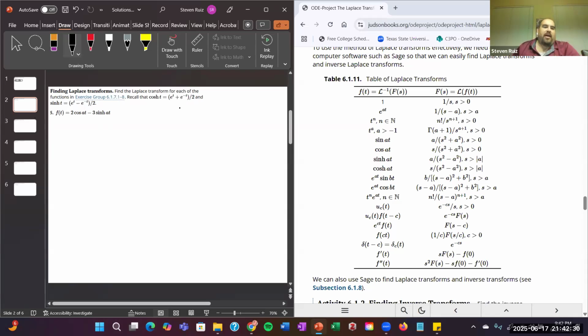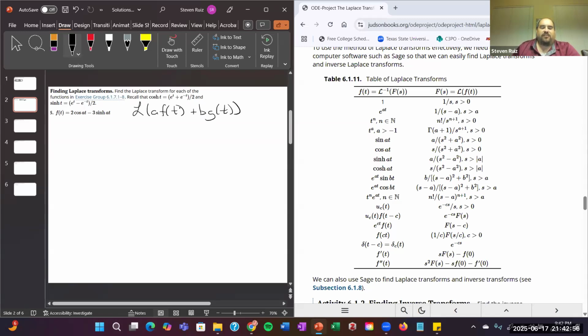So one thing we can rely on is that the Laplace operator is a linear operator, and that means two valuable things. Let's say that I want to take the Laplace transform of a times f of t plus b times g of t.